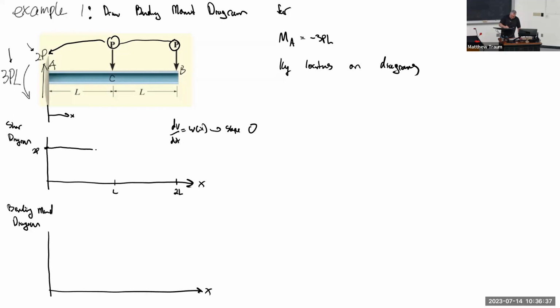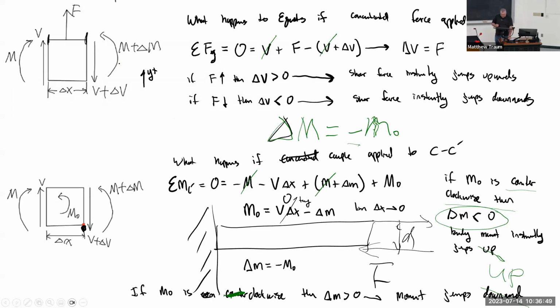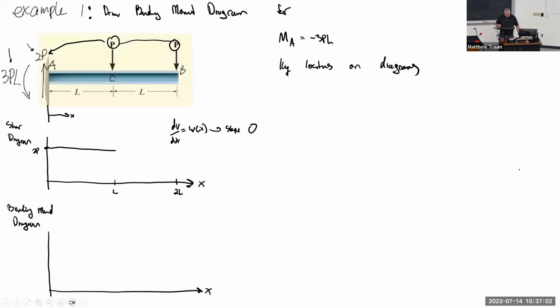So I'm going to cruise this way until I hit point C, and something happens at point C, which is that all of a sudden there's a point force at that spot. If I remember back to this now rather busy slide, a force that's positive or negative creates an instant jump either upwards or downwards, depending on the sign of that force in my shear diagram.